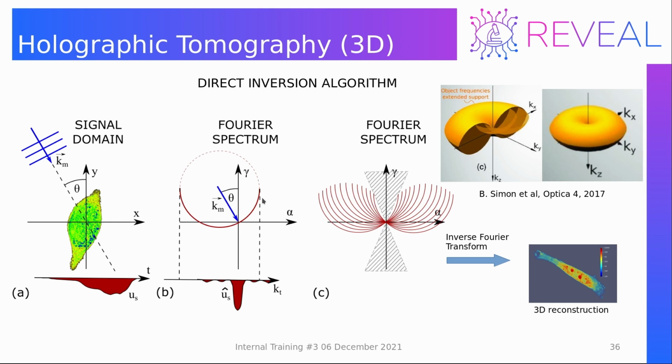At first it is empty, but we take this data, we calculate its Fourier transform, and we put it on a very specific arc in this empty spectrum. Then we illuminate the sample from a different angle, let's say this one here. We capture another image, we calculate its Fourier transform, and we put the data on a different arc.